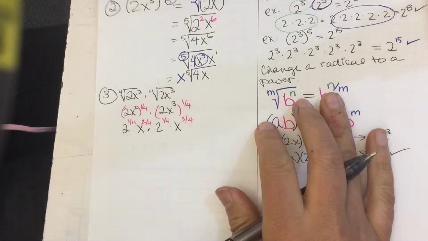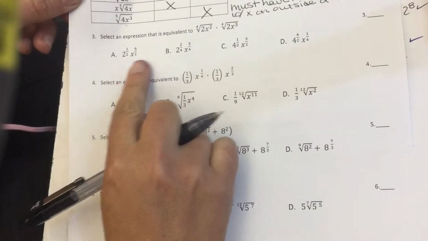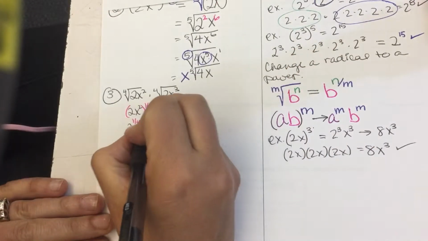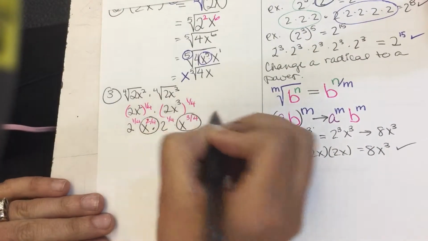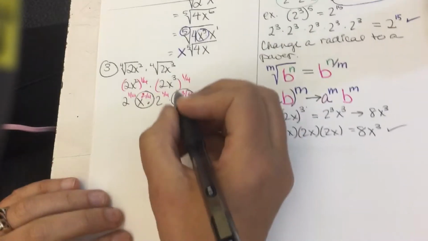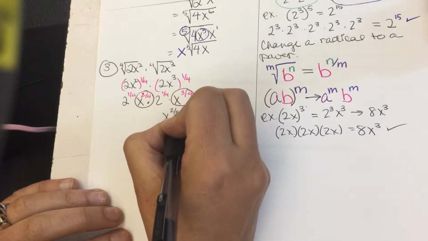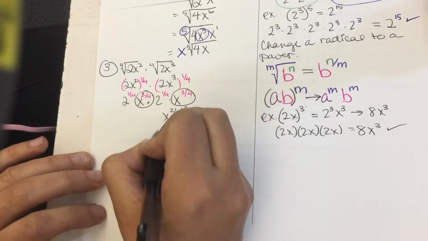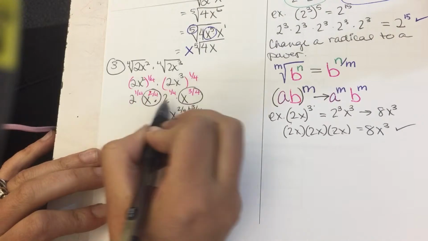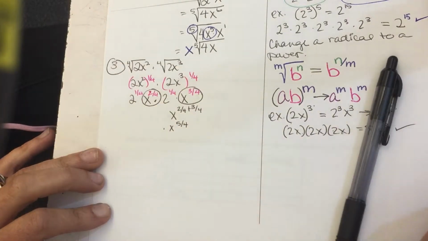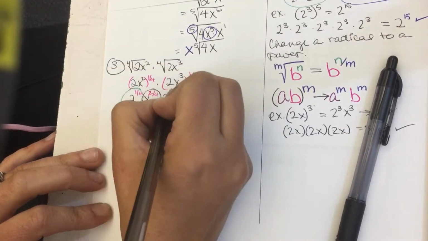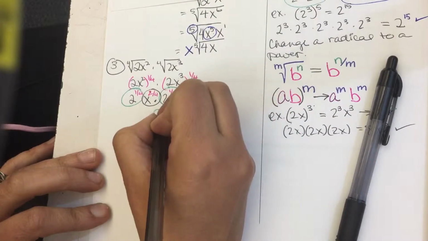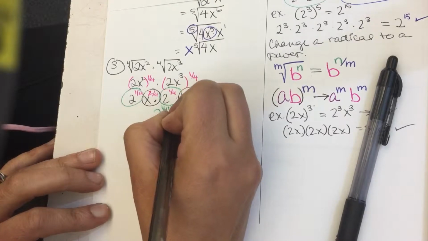Okay, notice here that my 2's are combined and my x's are combined. So if I take a look at this one and this one, you can add the powers. So I would have my x to the 2 over 4 plus 3 over 4 would be 5 over 4. And here I'm not adding the bases, I'm adding my powers. Okay, so that would be 2 over 4. That's 1 over 4 plus 1 over 4 is 2 over 4.